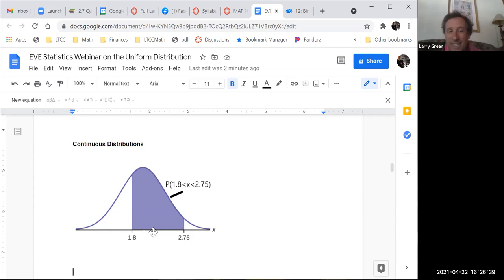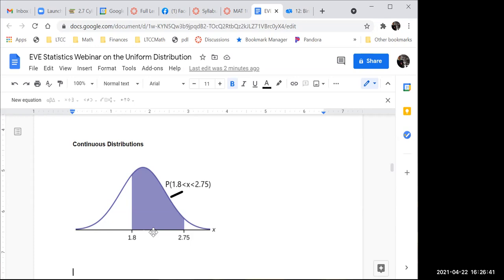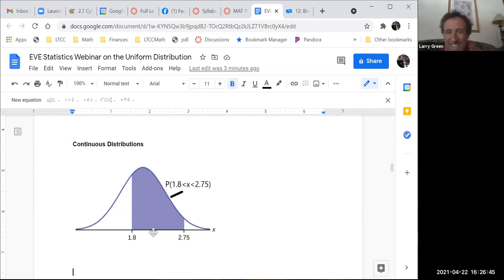No. Okay, just want to make sure everyone's listening. So the idea is you don't know how to find the area of this shape. Is there a mathematical way of finding the area, at least to as many decimal places as you want?